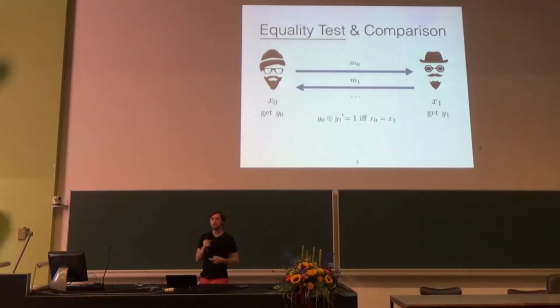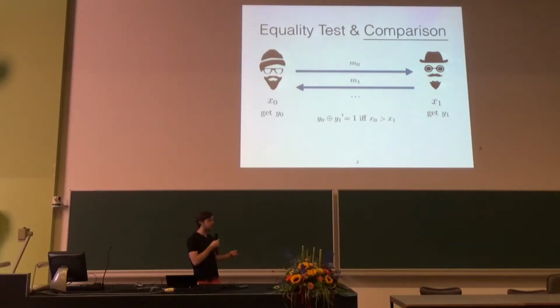And in this talk, all protocols I will discuss will not output directly the result of the predicate in the clear, but they will output uniformly random additive shares of the result. Especially for equality tests, it's important to mention it because if you don't insist on having additive shares as output, there are very efficient and very simple solutions. But outputting uniformly random additive shares is a core property if you want to integrate those protocols into larger scale secure computation protocols. You don't want to have the result in the clear if you want to use this as a building block.